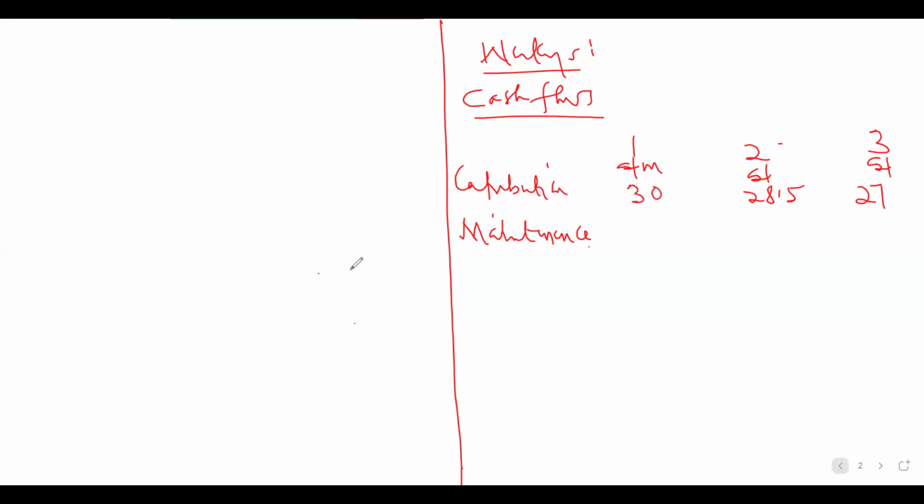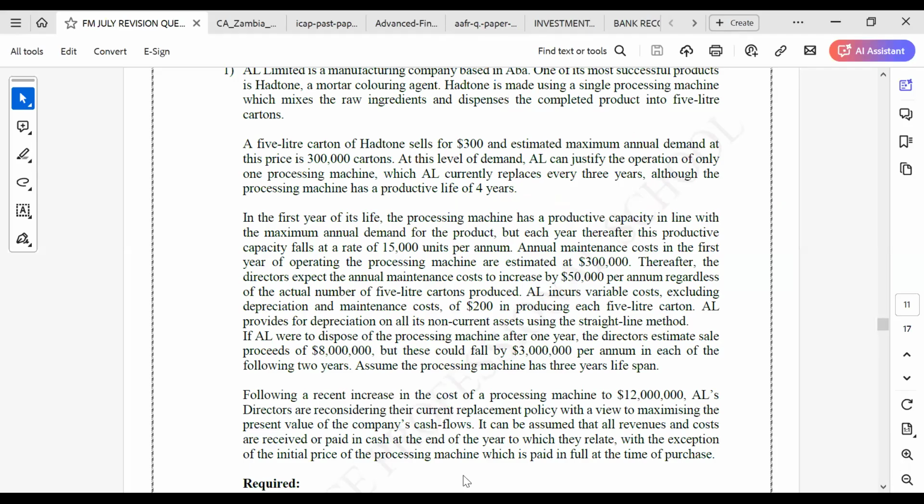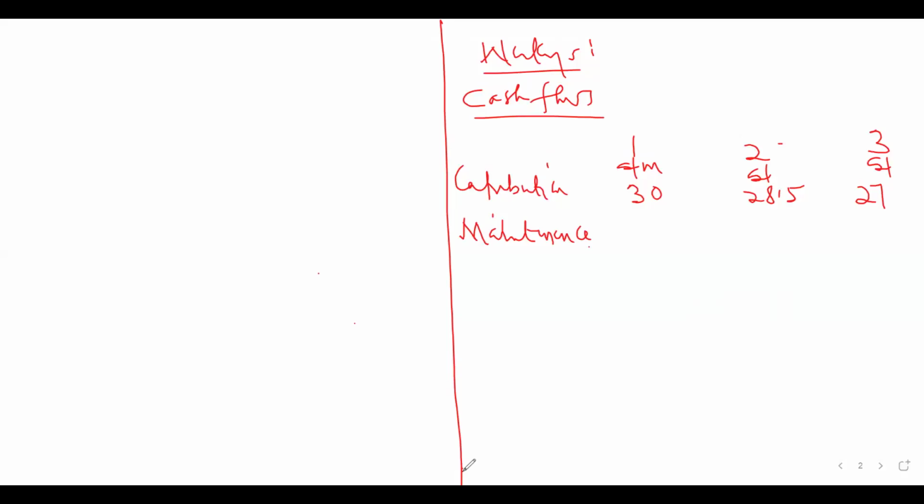300,000. The first year is 300,000, to increase by 50,000 every year. So the first year will be 300,000, which is the same as 0.3 million. I hope that is correct.